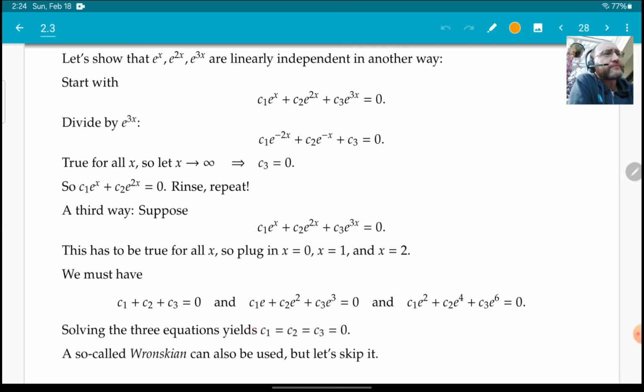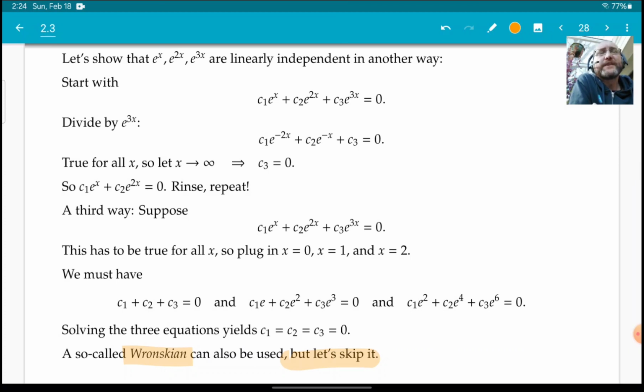Now, there's a certain thing called the Wronskian, which is basically just start taking derivatives of this function and you form a matrix. And anyway, let's skip what you do there. It's sort of a procedure.